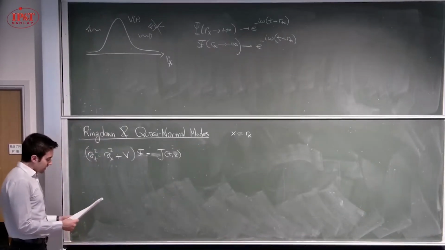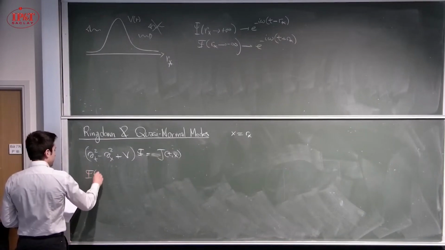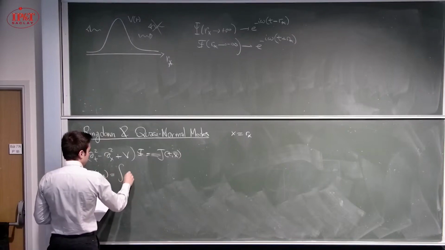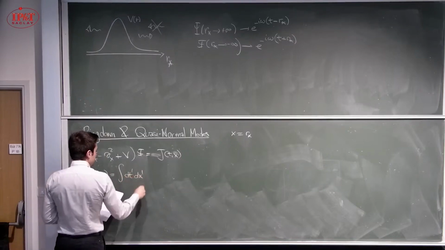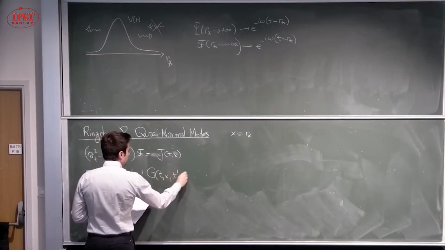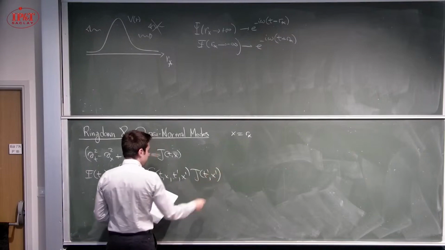And so we know what the solution to this problem is. In the end, the solution is given by this: the integral over dt' dx', we have some Green's function G(t, x; t', x'), convolved with the source.